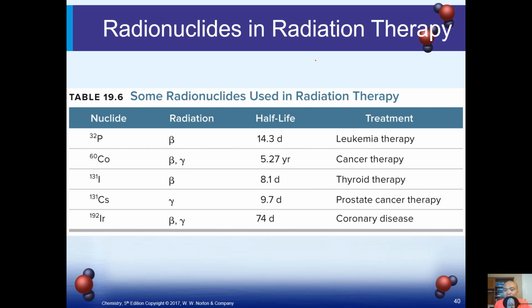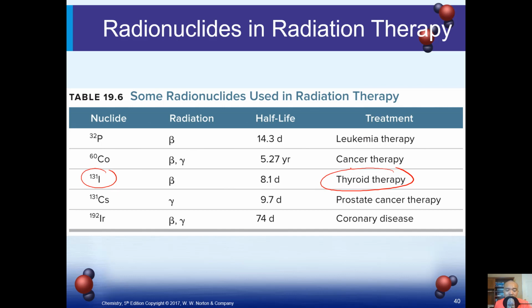Sometimes a nuclide's chemical properties can be used to its advantage. For example, iodine-131 is concentrated in the thyroid gland and can be used effectively against thyroid cancer.